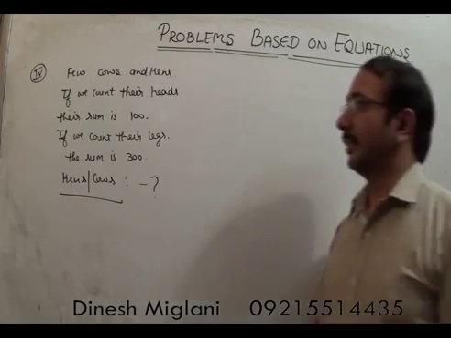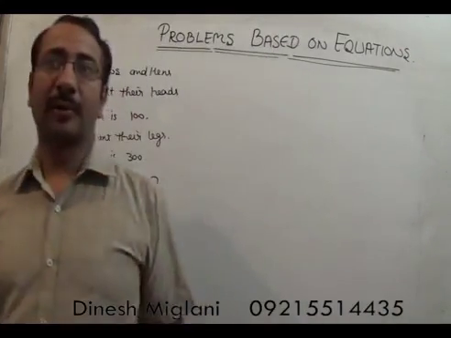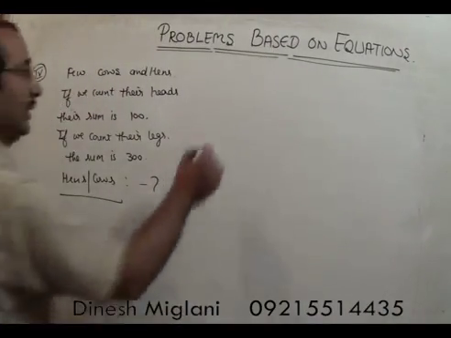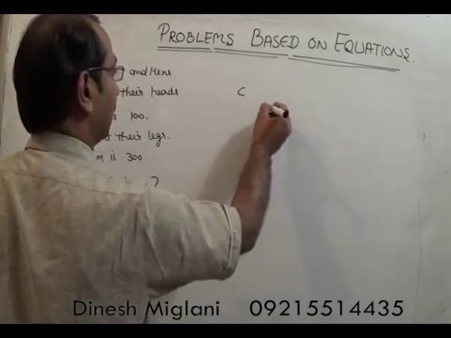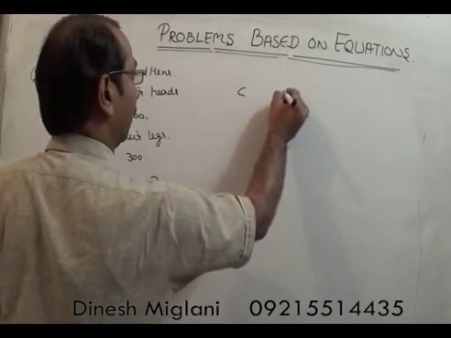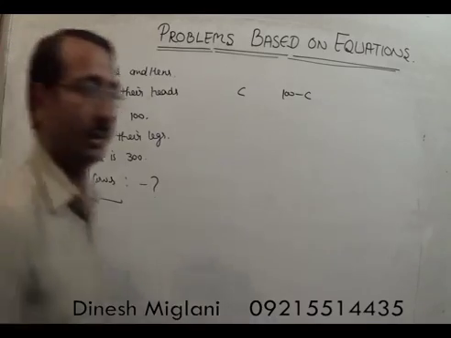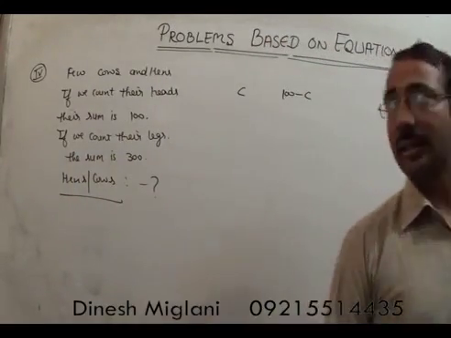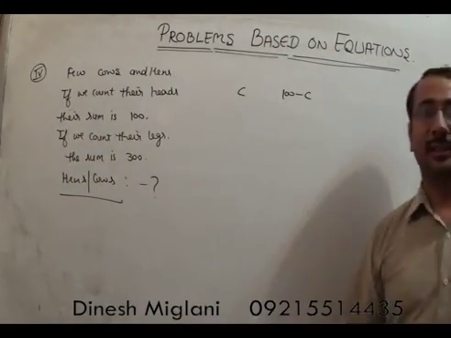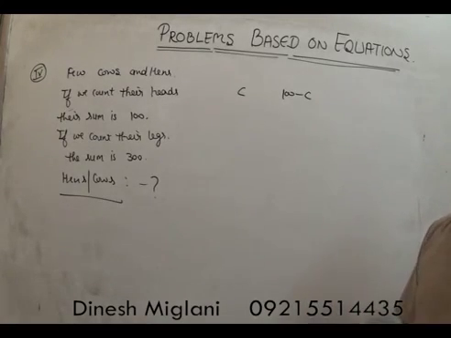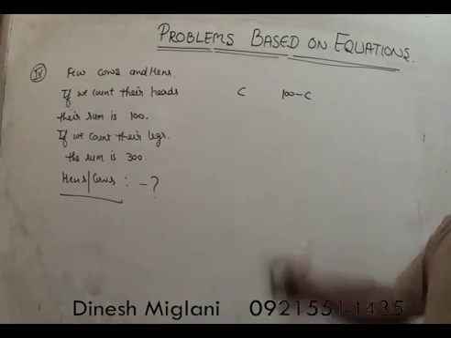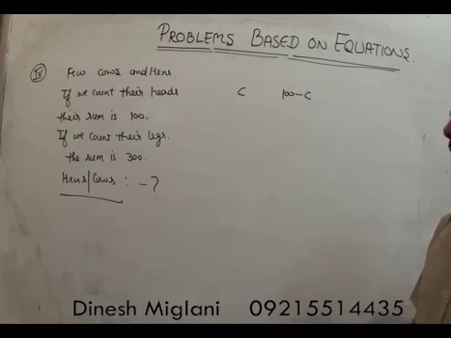Now what we can say in this statement: suppose the number of cows is C, then the number of hens is equal to 100 minus C, because the number of heads is 100. Heads means one head for each cow and each hen. The second condition is about their legs.